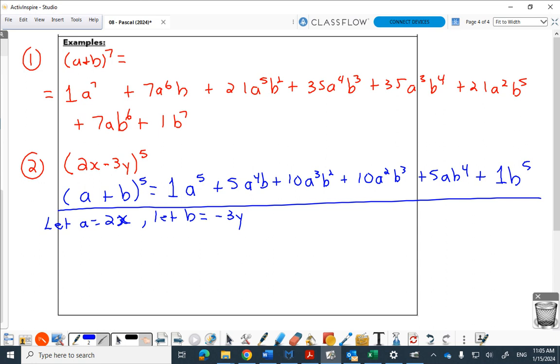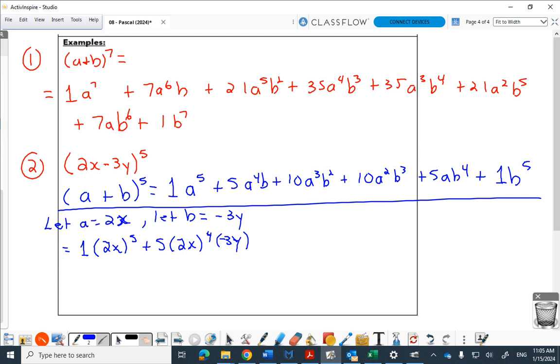So this is the part you're not going to like. The rest of the lesson is like, hey, that's pretty good. I can do that. This part makes a big mess. Here it comes. 1, 2x to the fifth. And then 5, 2x to the fourth times a negative 3y.